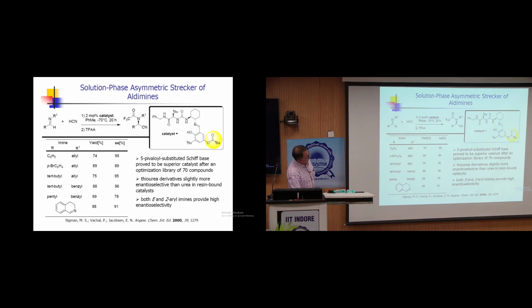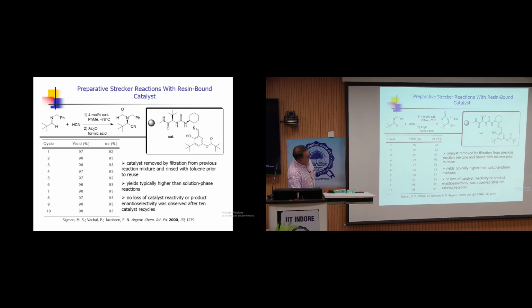So 2 mole % of catalyst delivering fantastic enantioselectivities, okay. Similarly we go on with other types of Strecker reactions with resin bound catalyst. You need to understand these are all resin bound. That means you have a solid phase and you have the organocatalyst placed on that, so that we can remove it by filtration and go on, cycle by cycle.